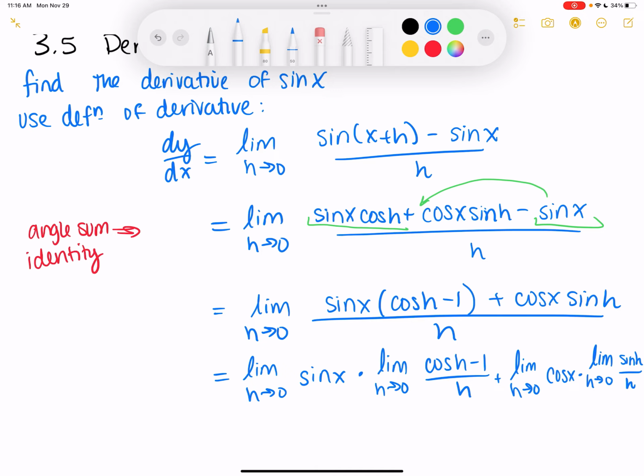Since there's no h in sine of x, that's just going to stay sine of x. This one over here is going to give us 0. Plus, there's no h in cosine of x, so cosine of x, and then that's going to give us times 1.